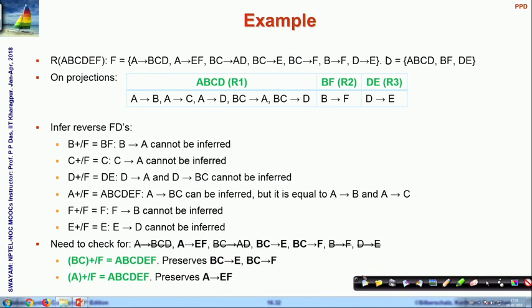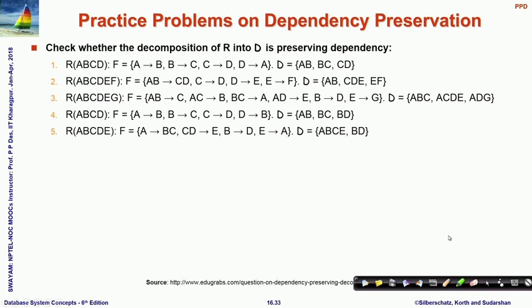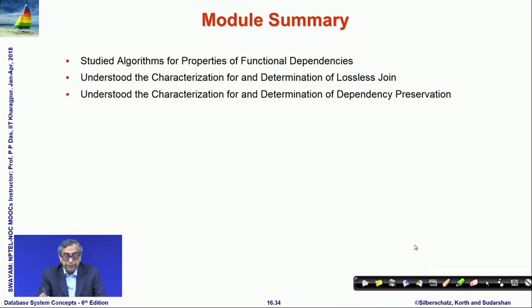If they do, then combined with these 2 steps, you say that the set of functional dependencies is preserved under this decomposition. So, this is the process to follow. You can follow any one of the 2 approaches to solve, and I have given some practice problems on dependency preservation, which you should practice on.